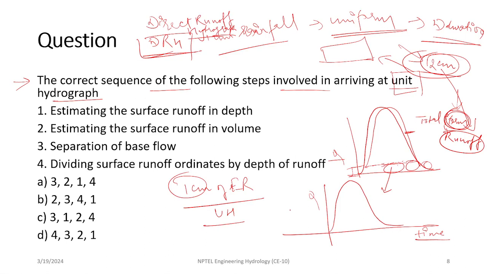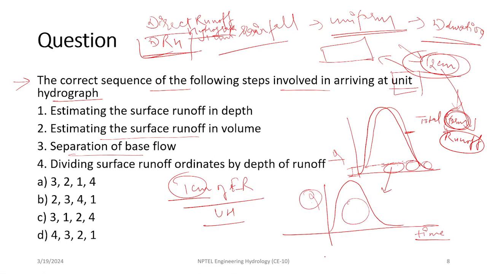You have to divide the values you are getting by 12. Then only you will achieve 1 centimeter. So firstly you have to separate the base flow. Then you have to compute the surface runoff in volume.